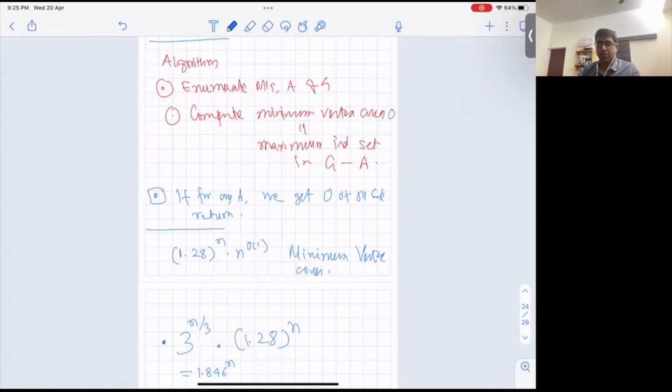It's basically a union of two independent sets. So what is the minimum number of vertices I should delete so the graph is two-colorable? Or the graph can be partitioned into two independent sets, or covered by two independent sets. They are all the same object. If the graph can be covered by two independent sets, you take out the first independent set and the remaining also forms an independent set. So covering and partitioning are the same object.